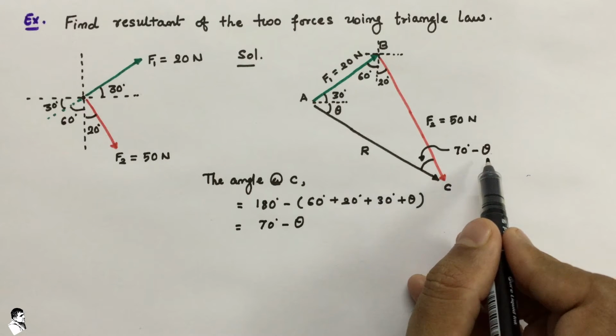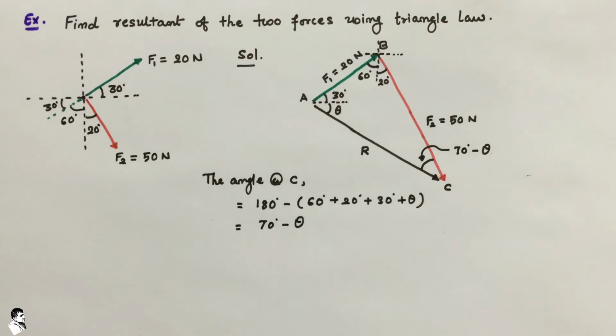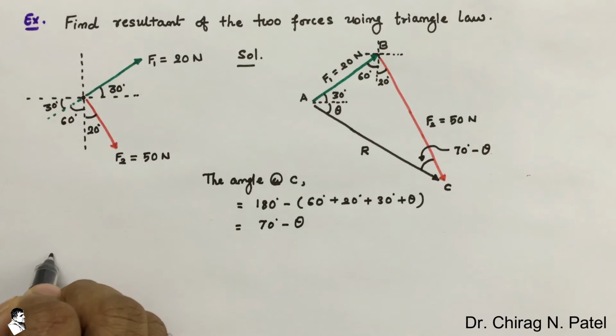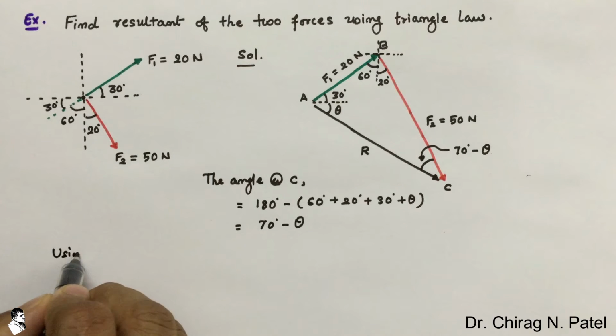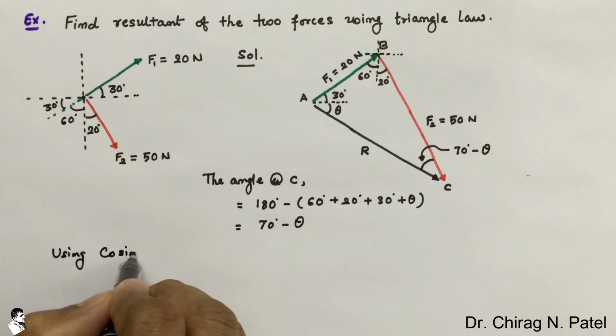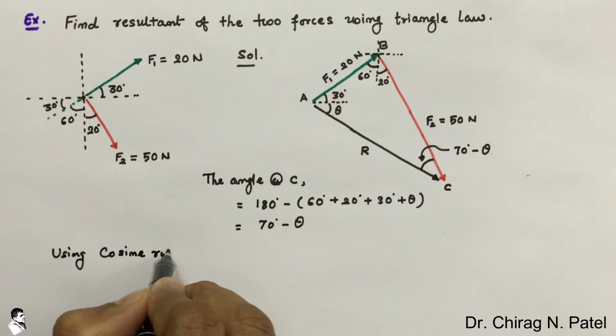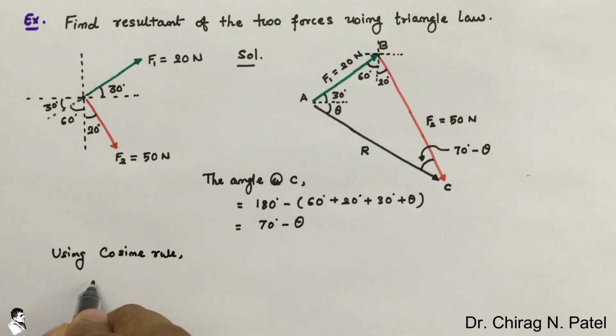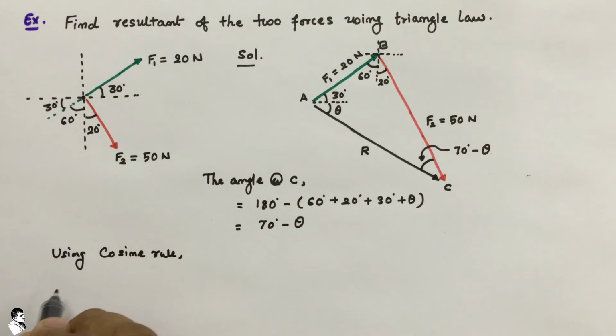Right? Now we still have some unknowns in terms of the resultant and theta, but you can find that theta very easily using the sine rule. So first of all, we are trying to find the value of the resultant. Here, using the cosine rule, we can use the cosine rule equation.